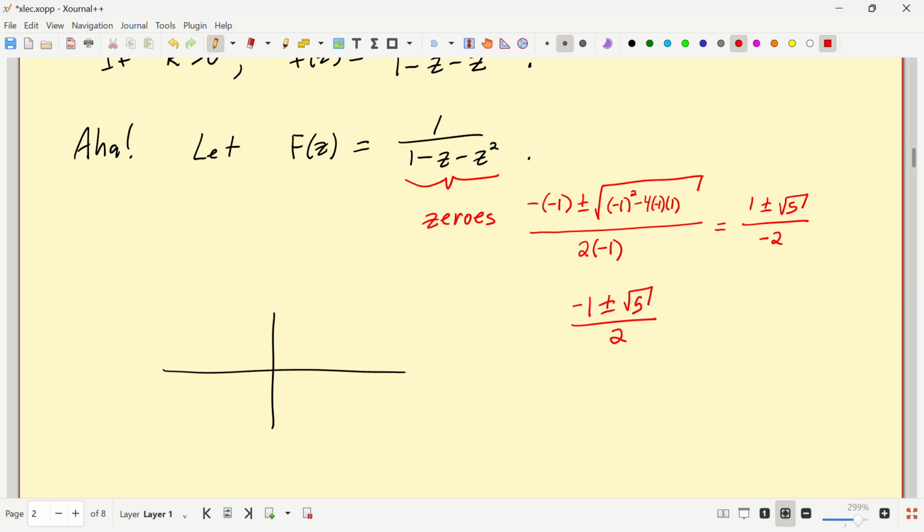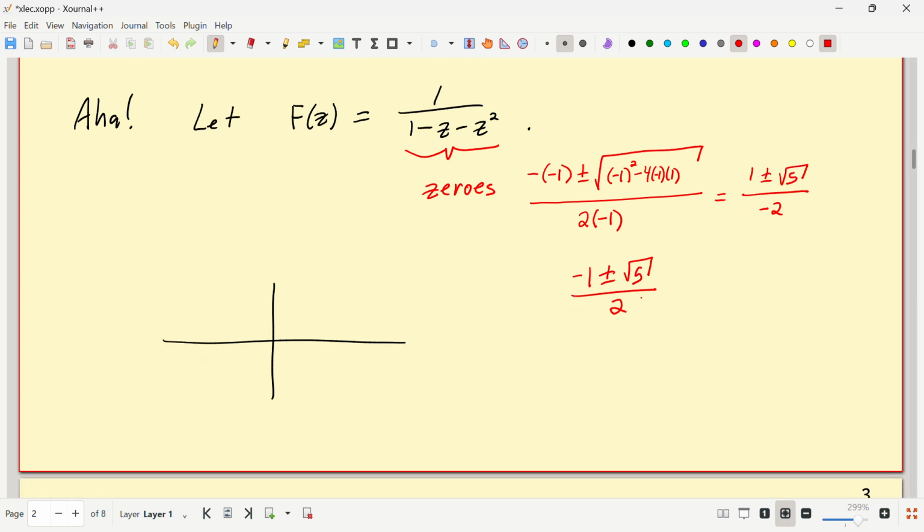Okay, so where are those falling in the complex numbers? Minus 1 minus the square root of 5 over 2 is a bigger negative number, way over there someplace. Whereas minus 1 plus the square root of 5 over 2 is closer to the origin.